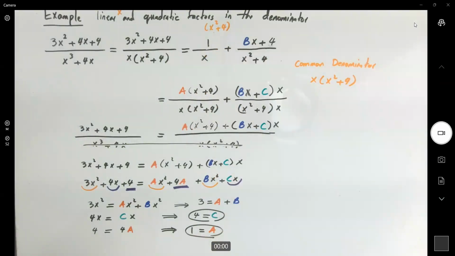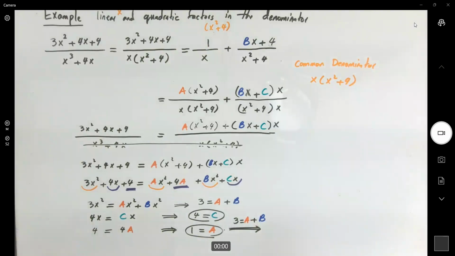So what about my b? Since I know a is 1, and also I know 3 is a plus b, what's the meaning of that?